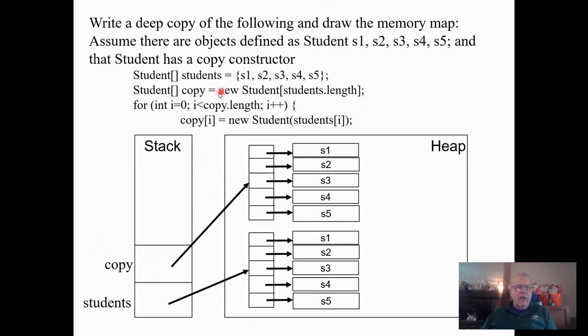Once again, we create the copy with new student, and what we end up with is that the copy points to a new array. But now, when we loop through each element of students, we copy the new student, again assuming that student has a copy constructor. We copy the new student into the copy array, and we have a deep copy.